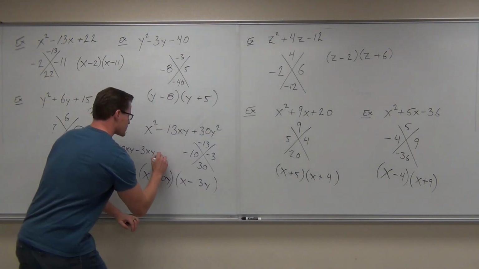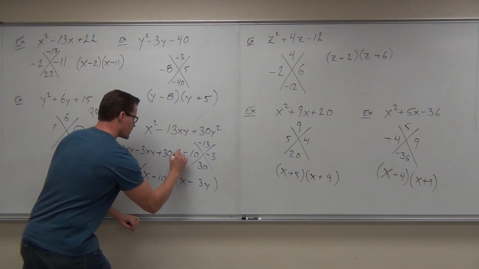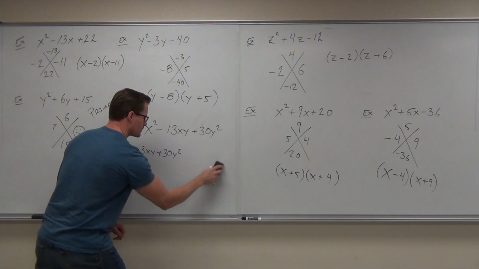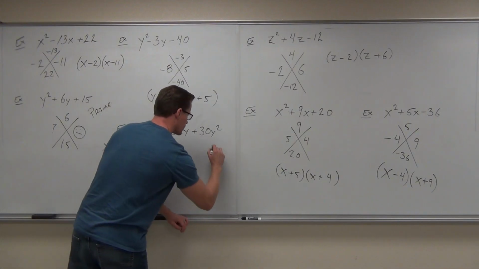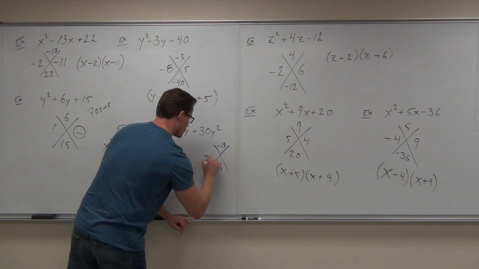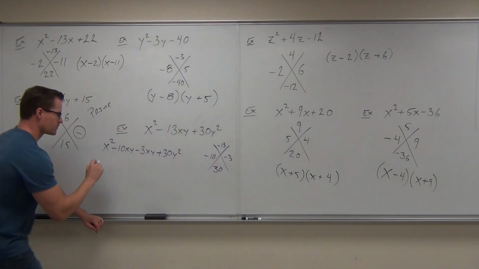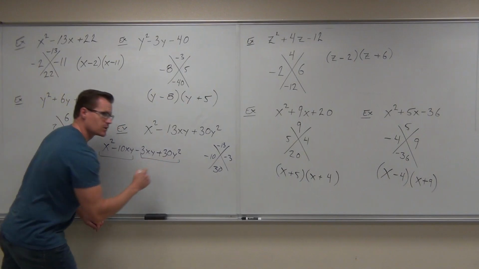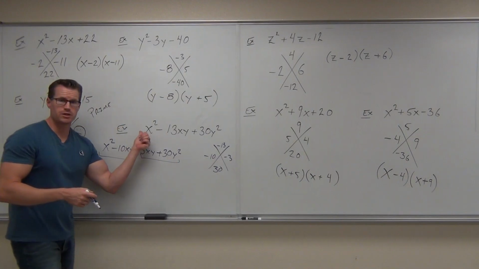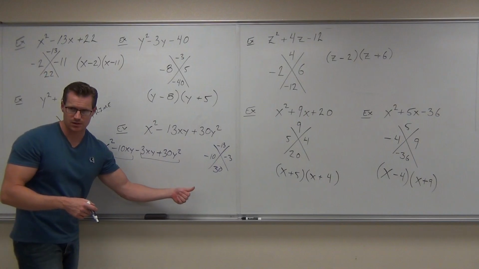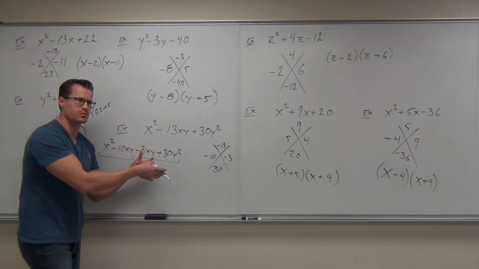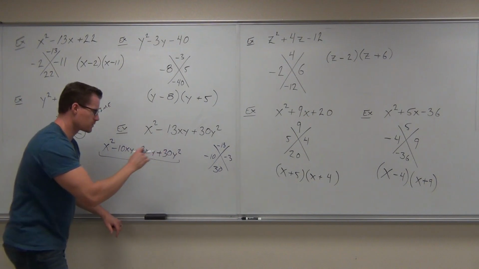And then my plus 30y squared. Grouping still works. This is a longer way. Remember I told you if that's a 1, you can shortcut it. Are you with me? If it's a 1, you can shortcut it. If it's not a 1, you have to do this, but I'm just proving to you that this will still work either way.